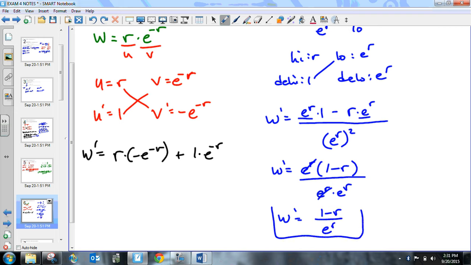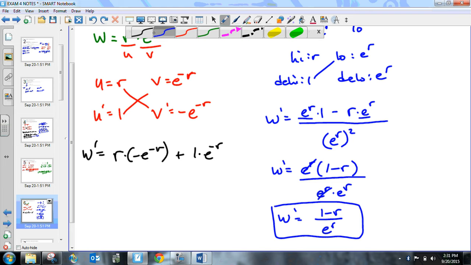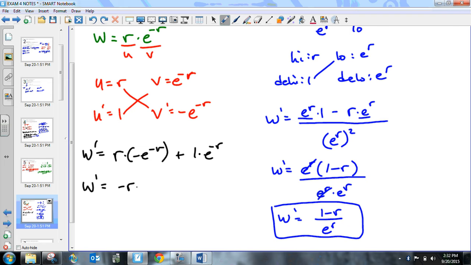Now let's see if I can get that same thing over here. I'm going to rewrite it like this. I'm going to move around my negative sign a little bit, so I get negative r times e to the negative r plus 1 times e to the negative r. And I can factor out a common e to the negative r.